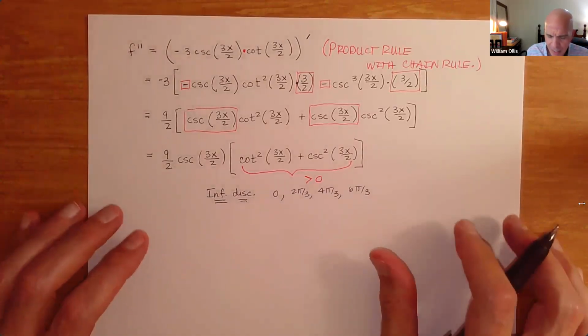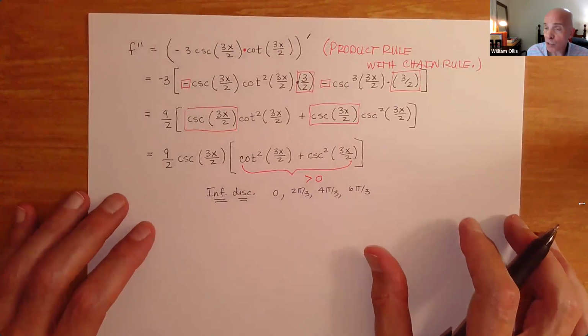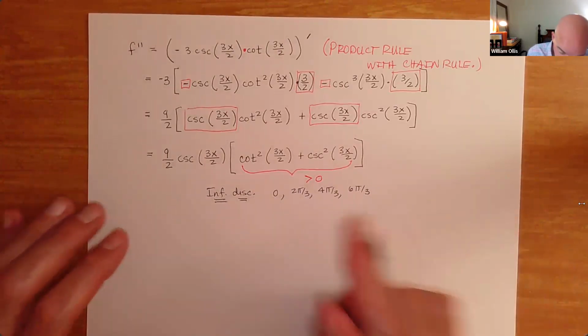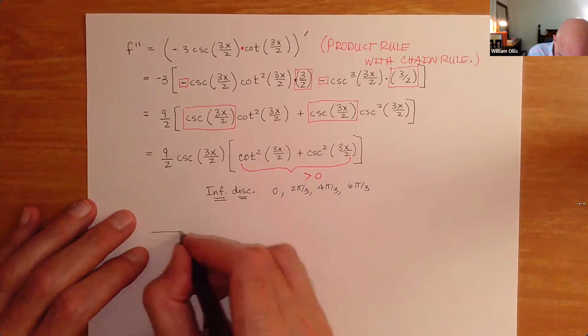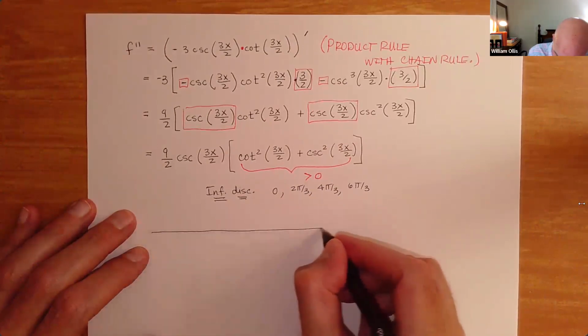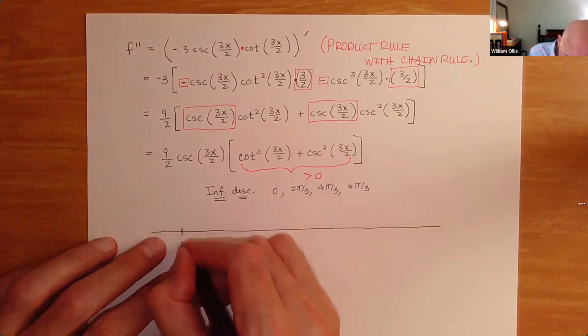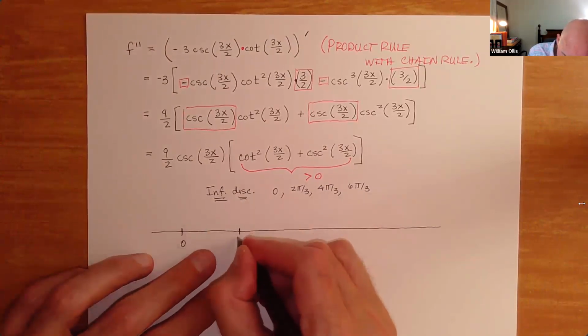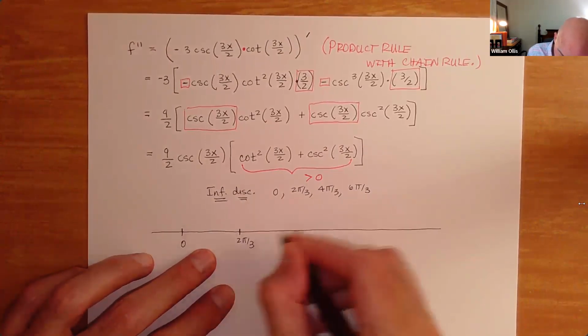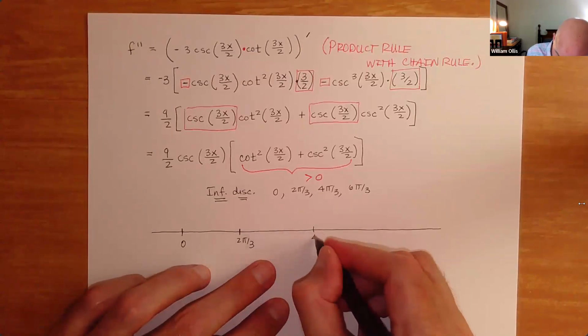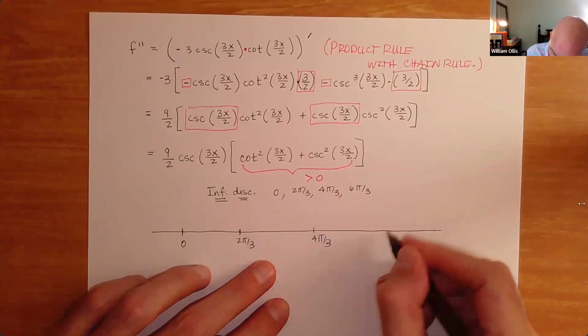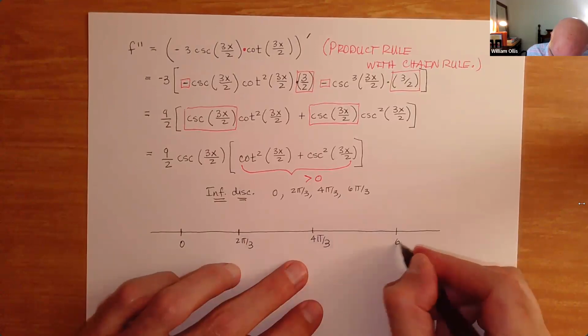Again, that makes the cosine, or excuse me, the sine 0. So now let's write this down. So we've got 0. We have 2 pi over 3. We have 4 pi over 3. And we have 6 pi over 3.